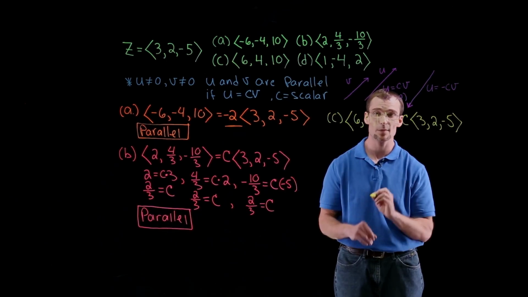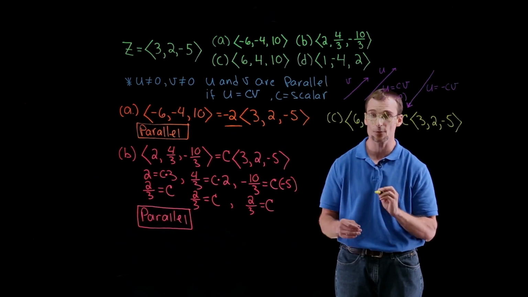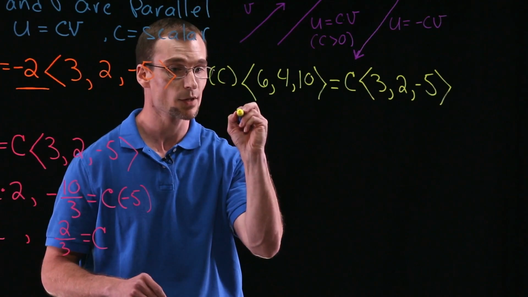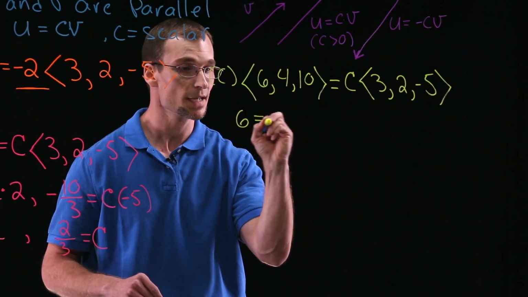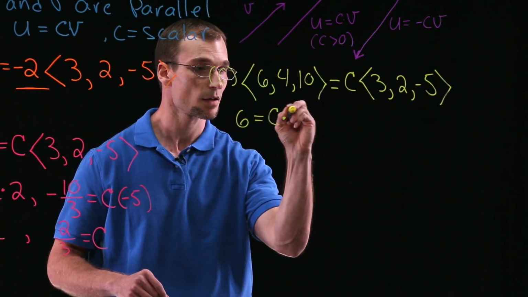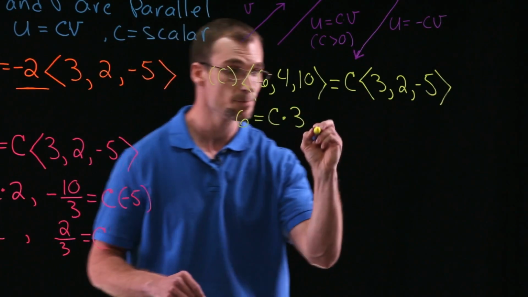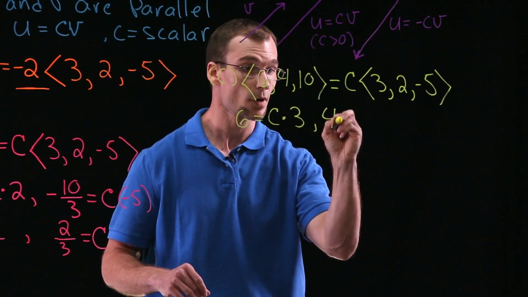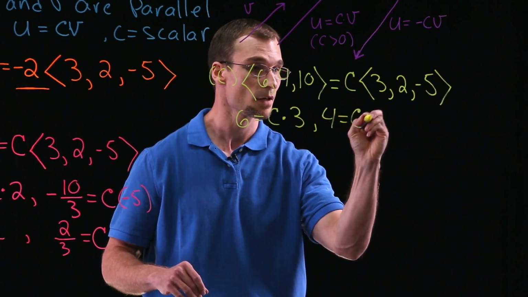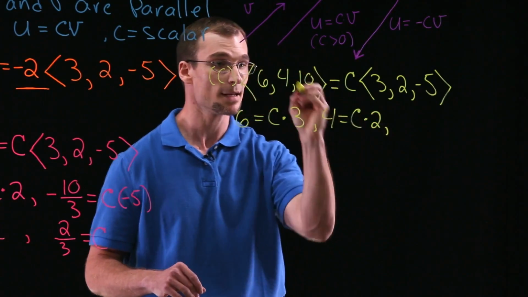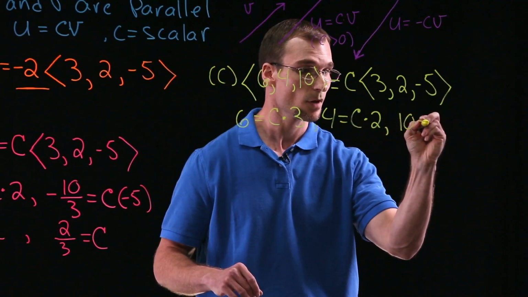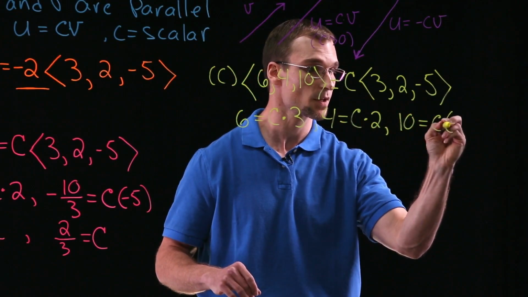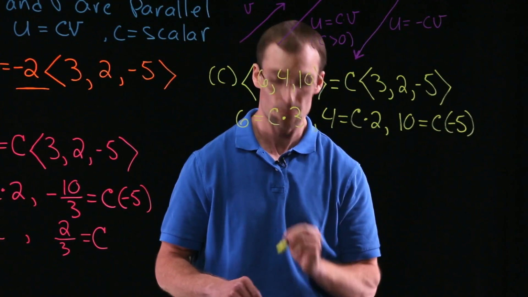So it's not so clear to me, so I'm going to do this equation solving method for each component. So we'll take a look at the equation 6 equal to c times our component 3, 4 equal to c times the component 2, and 10 equal to c times the component negative 5.